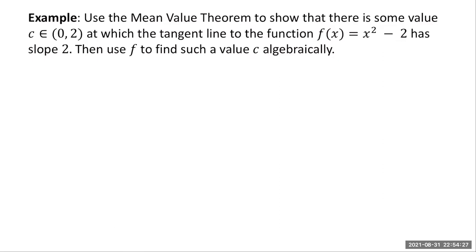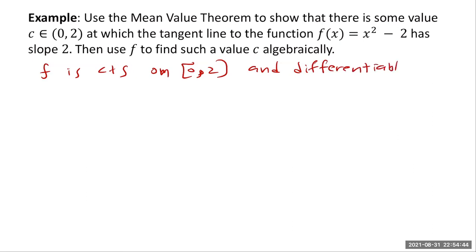First of all, notice that f is continuous on the closed interval 0, 2 and differentiable on the open interval 0, 2. That's clear because this is a polynomial. So I can apply the mean value theorem.